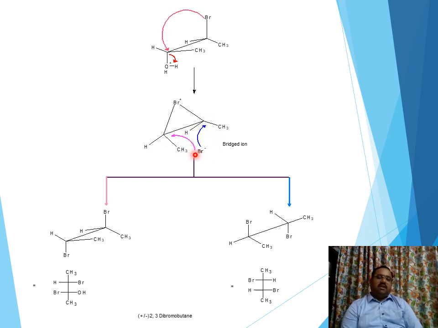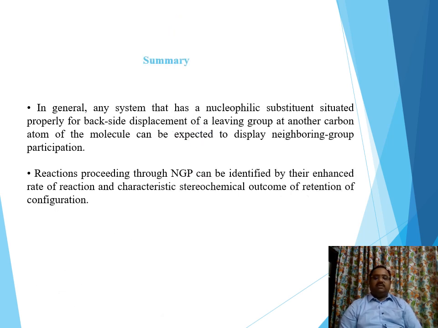Suppose the Br minus, this pink arrow, attacks through this side, there is a formation of this product. And if the Br minus or nucleophile attacks from this blue side, from this right hand side, we get this product, that is the mixture of plus minus 2,3-dibromobutane. Okay, so this is all about neighboring group participation.